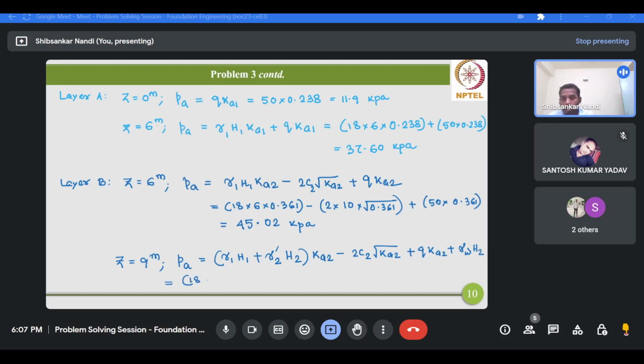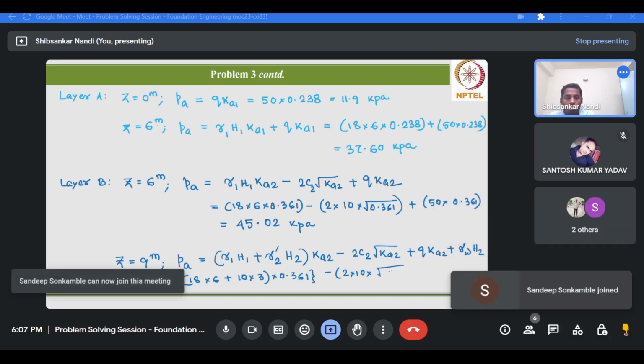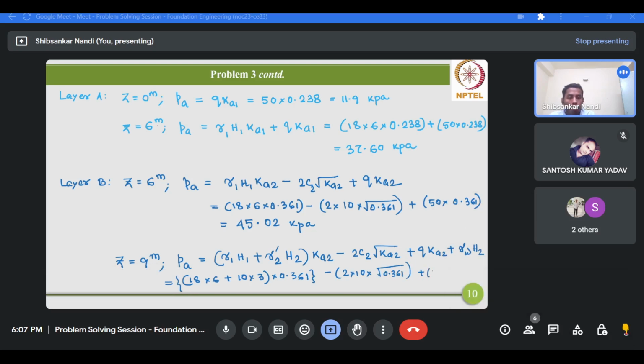So 18 multiplied by 6 plus 10 multiplied by 3 into 0.361 minus 2 into 10 into 0.361 plus 50 into 0.361 plus 10 multiplied by.